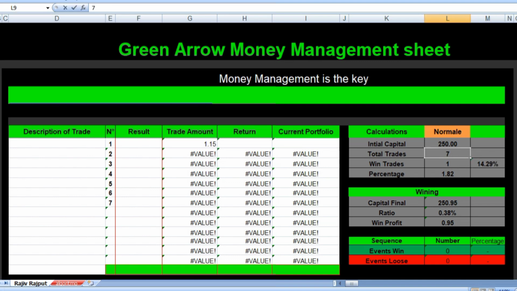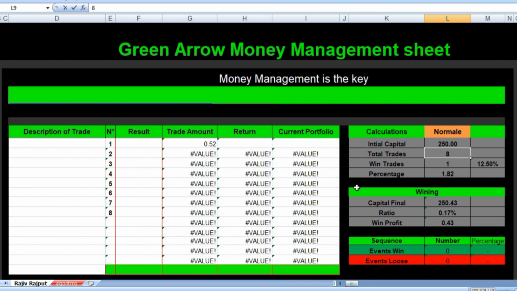And if you go one step ahead, 8:1, you just need 12.50% accuracy. And guys, the more martingale steps you have, the safer you will be in binary options.